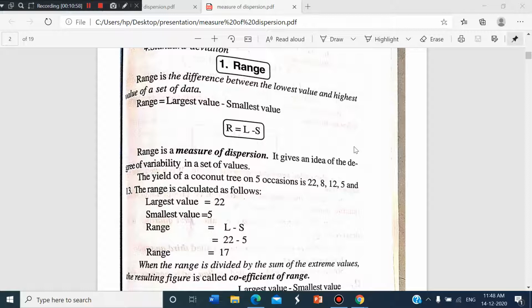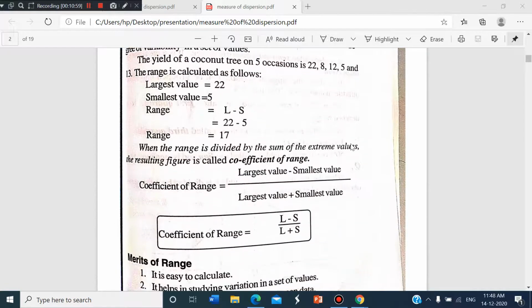But most of the time we depend not on the range but on the coefficient of range. When the range is divided by the sum of the extreme values, the resulting figure is called the coefficient of range.